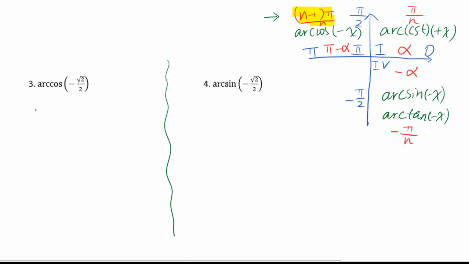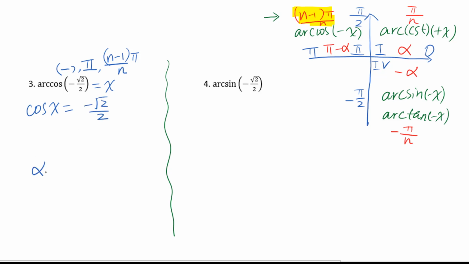Let's go to number 3, arc cosine of negative square root of 2 over 2. This is a negative number. Arc cosine of a negative number goes to the second quadrant. The pattern for special angles is (n minus 1) pi over n. So we set this equal to x. Cosine x equals negative square root of 2 over 2.